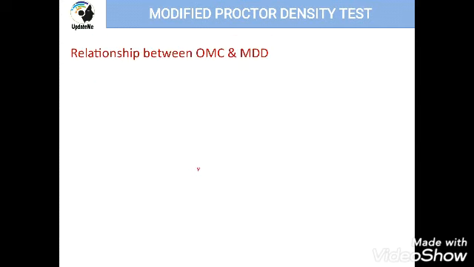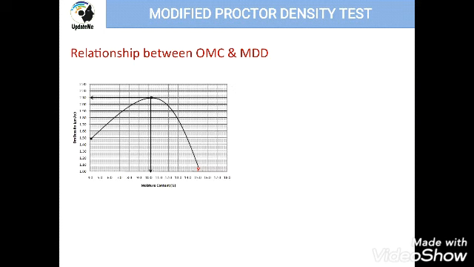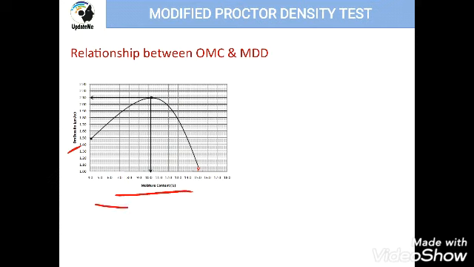So the relationship between OMC and MDD: the curve will be like this. Here we have found different values of dry density at different moisture content. Here will be the moisture content, and here will be the dry density.